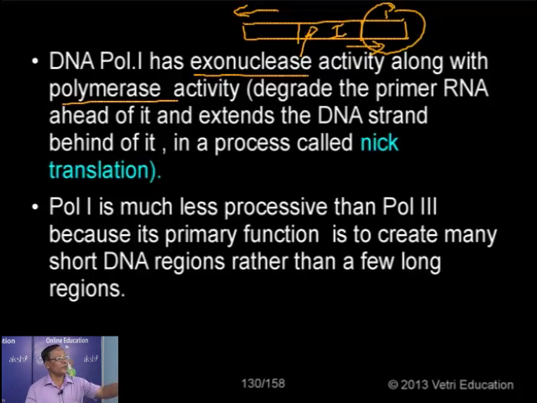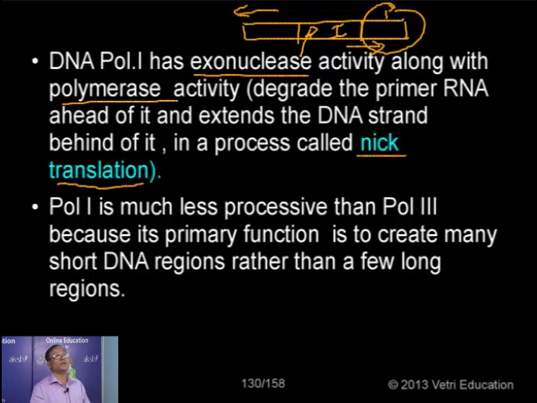These two processes are done by DNA polymerase 1, and this process is called nick translation. What is nick translation? It removes or degrades the RNA primer ahead of it and extends the new DNA strand by adding nucleotides behind it.